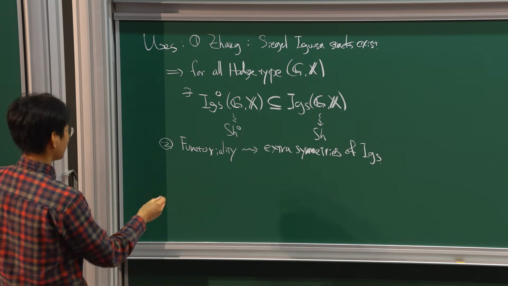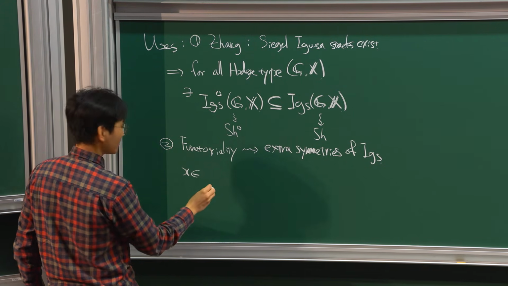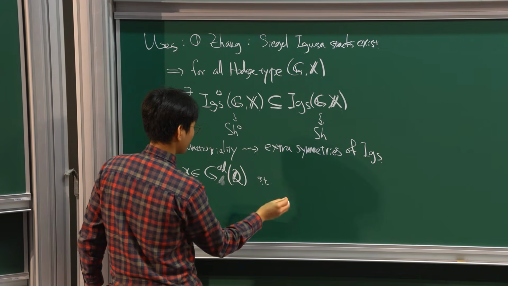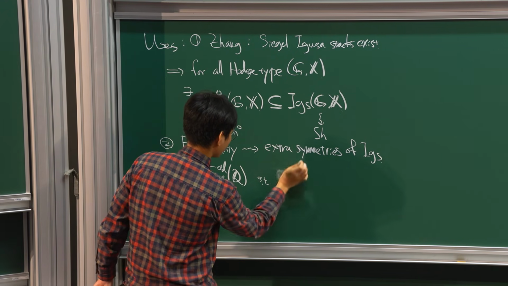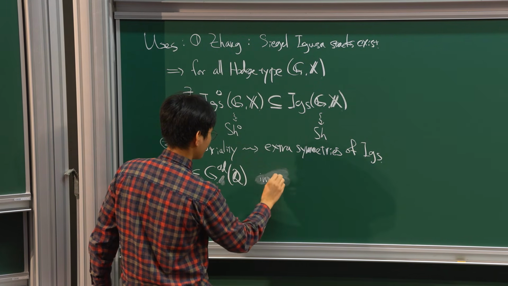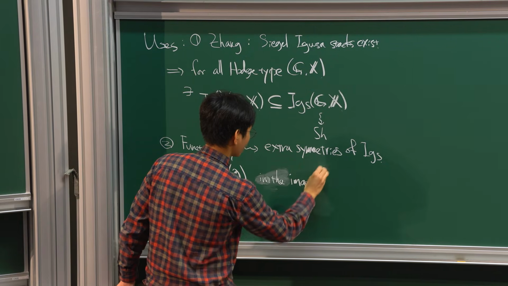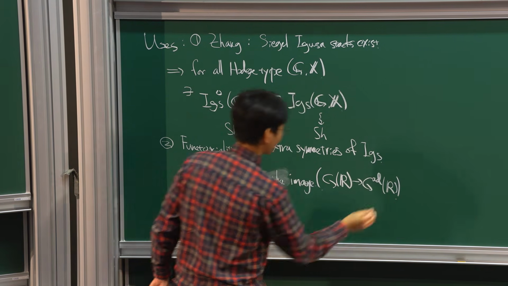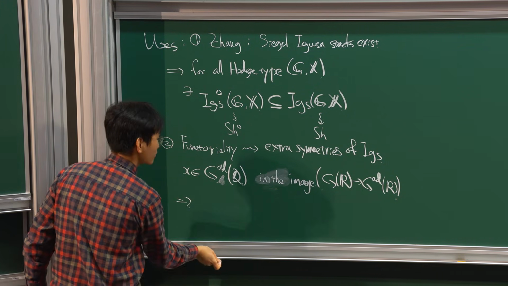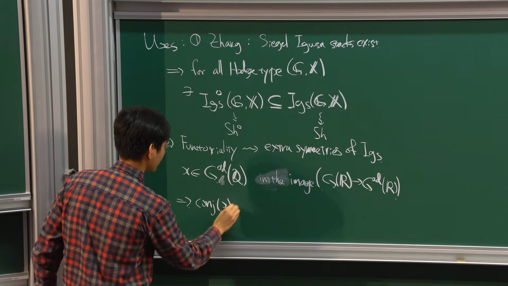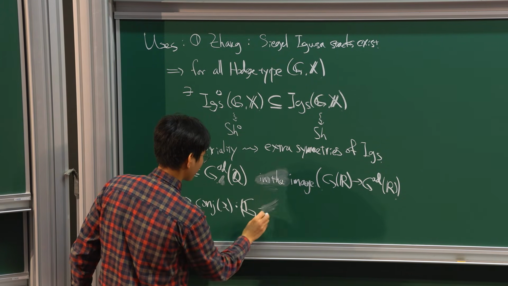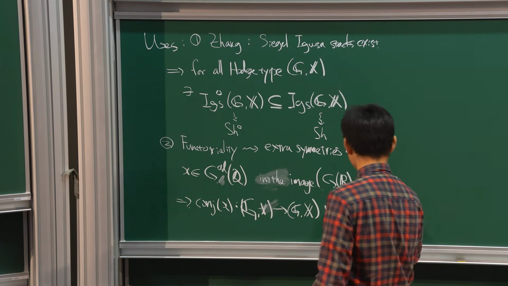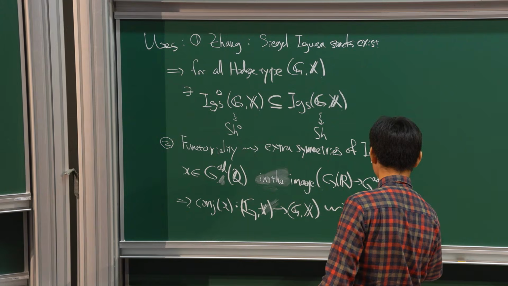One of the examples is if I have an element of G^ad(Q), in the image of G(R) to G^ad(R), then there's a conjugation action by x, which defines a map from (G, X) to (G, X), and that gives a conjugation action on Igusa stacks as well.